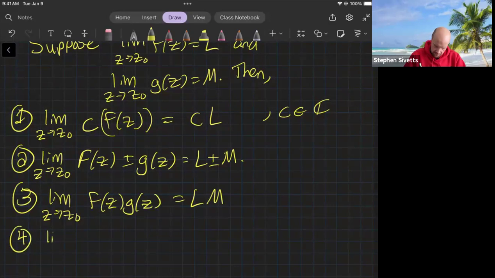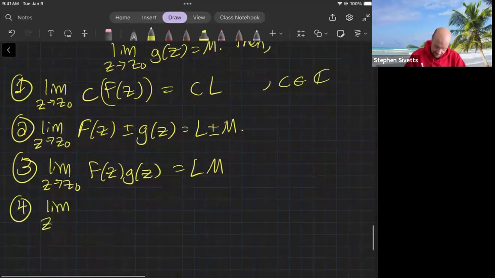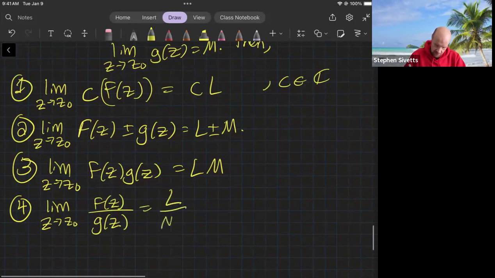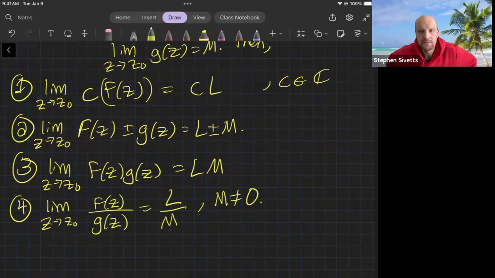And fourth, the limit as z approaches z naught of f of z divided by g of z is equal to L divided by m, provided that m does not equal 0.